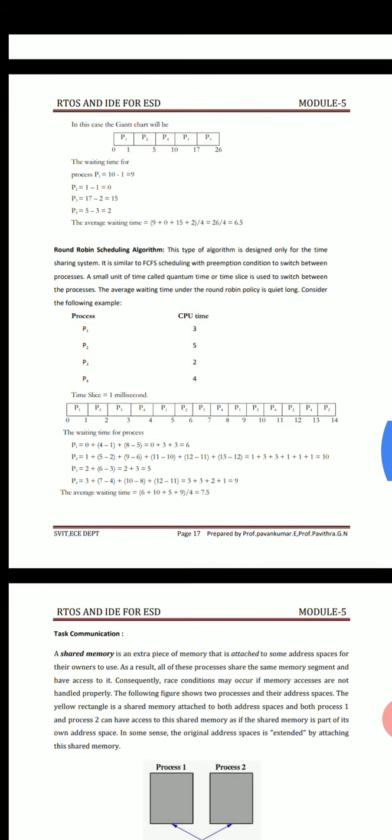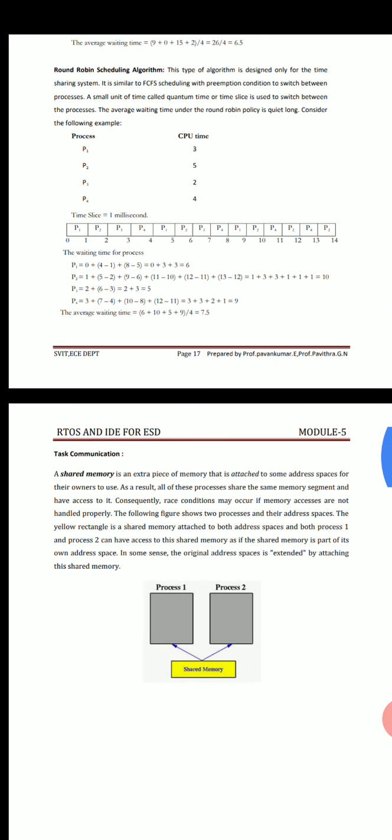The next algorithm is the round robin scheduling algorithm. This type of algorithm is designed only for time sharing systems, and it is similar to the FCFS scheduling algorithm with preemption to switch between the processes. A small unit of time called the quantum time or time slice is used to switch between the processes.